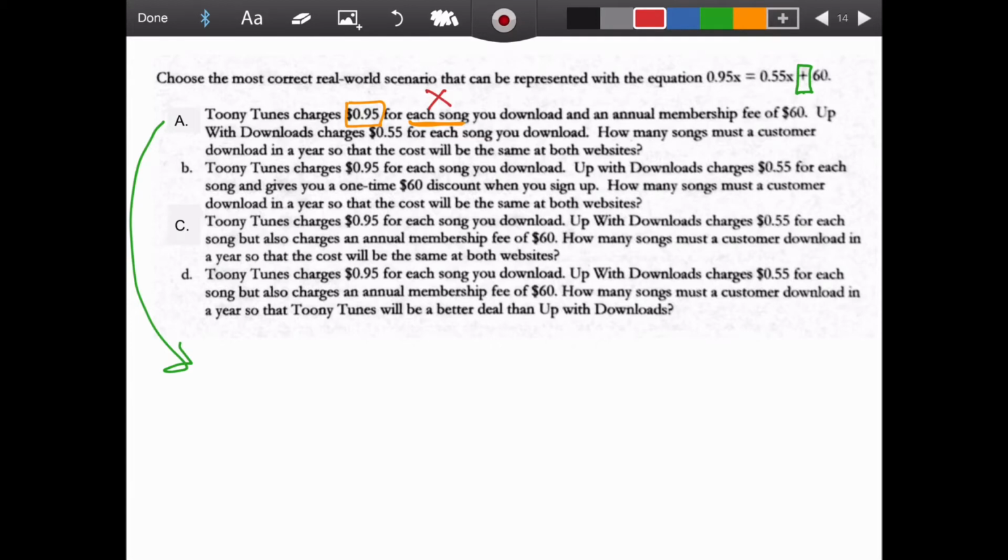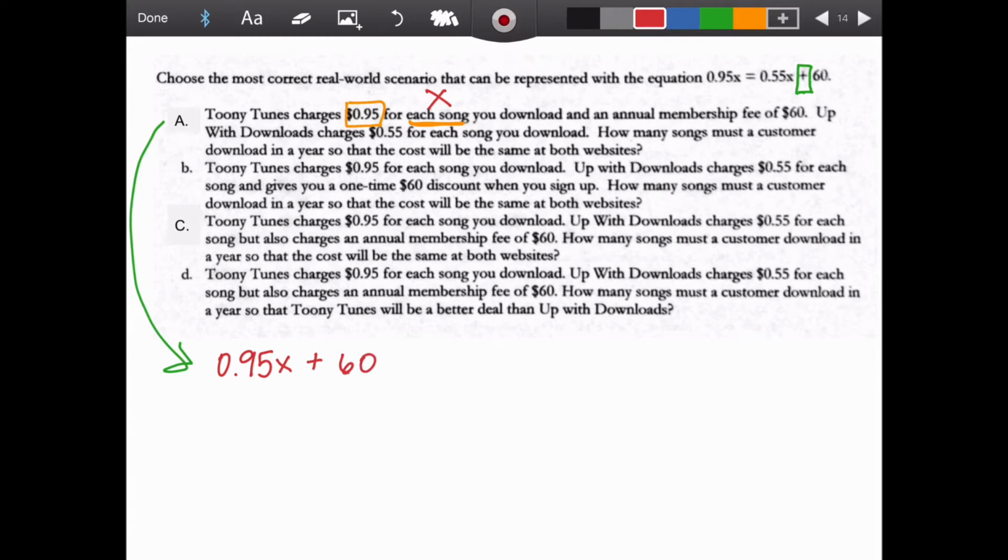The coefficient is 95 cents. So on this side, 95 cents x. We have that part, and an annual membership fee of $60. If I'm paying an annual membership fee, I'm paying $60, which is in addition to each song I download.